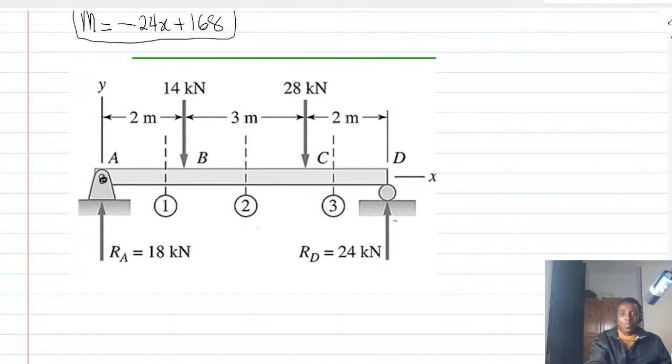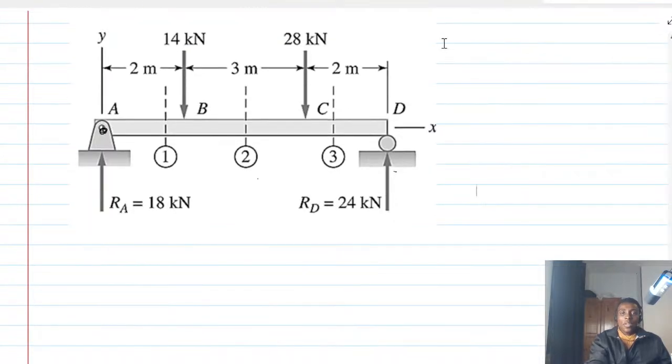I'm sure everybody can see it. All right. So when we say the shear force diagram, it is a diagram which shows the distribution of the shear force. That's all.